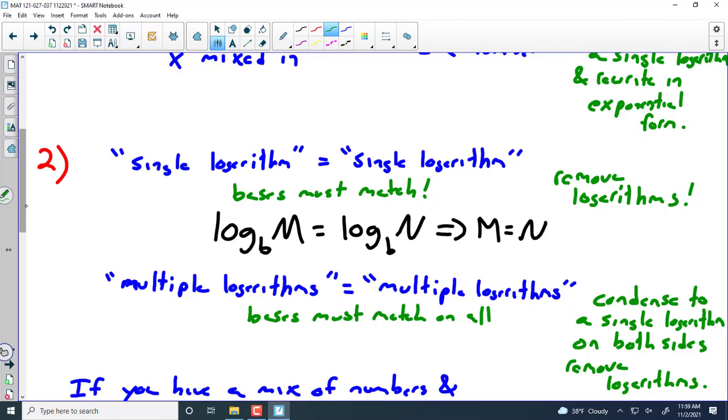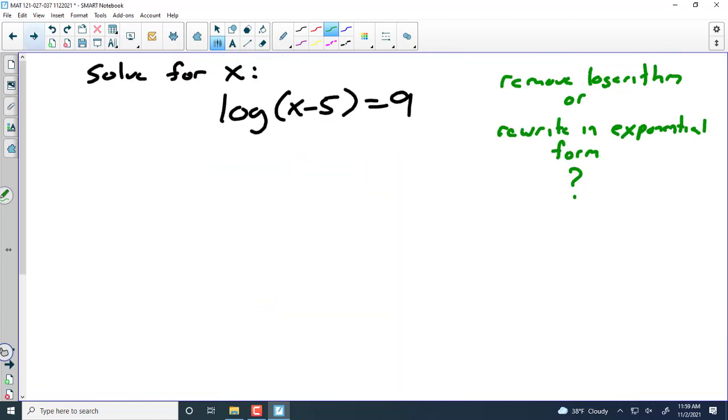And that's the big mistake people make. They get so jazzed about this idea of me saying remove the logarithms, they want to do it all the time. So we've got the winner over here, and over here, we have the confused student. Not the loser, just the confused student.